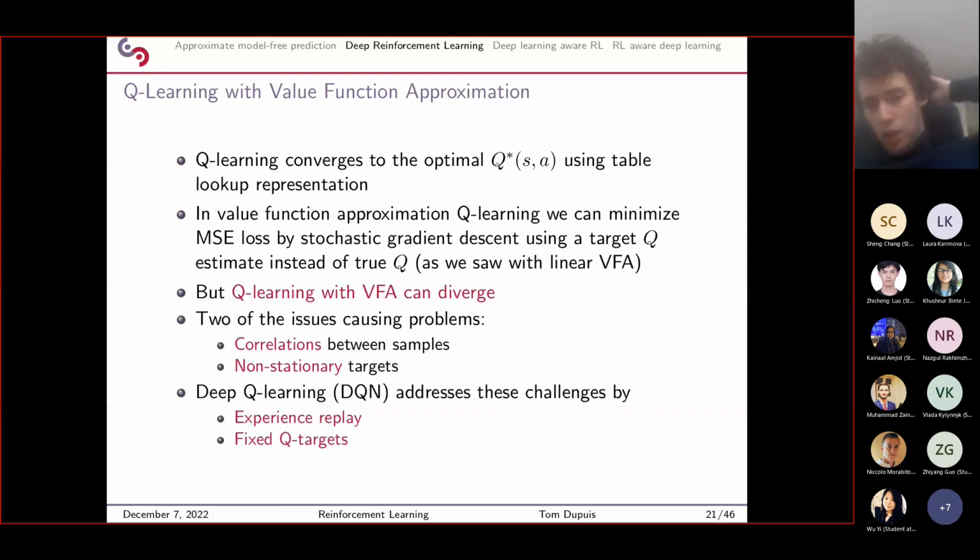Okay. So we saw that we can approximate the value function with deep learning, and we just minimize the mean squared error loss with stochastic gradient descent, with a target Q value estimate instead of the true Q value.